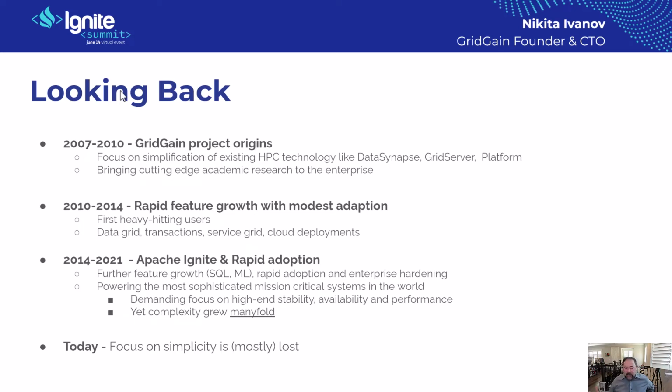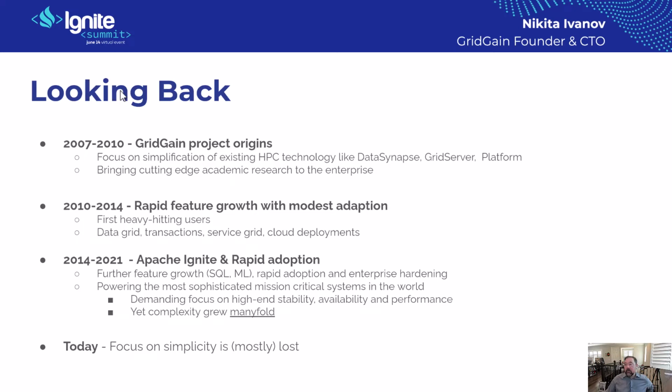At the same time, in the same 2010 to 2015 time frame, we added the data grid technology, transactions, service grid, cloud deployment, a lot of growth in terms of features and complexity. And that's where I truly believe the original focus on simplicity sort of went sideways. And if you look at the last 5-6 years, there's no question that the trend only accelerated.